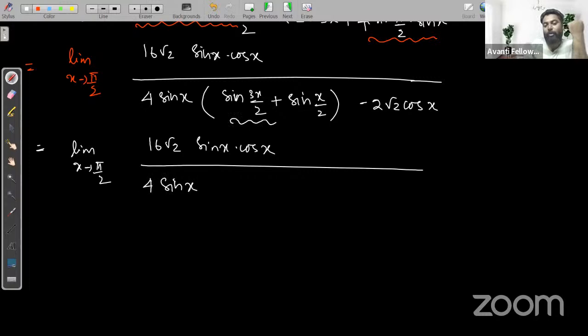If you use the sine C plus sine D formula, this will give you 2 into sine of (3x by 2 plus x by 2), that is 4x by 2, that is 2x by 2, that is x, into cos of (3x by 2 minus x by 2), that is 2x by 2, that is x.